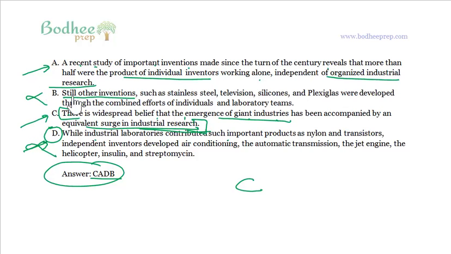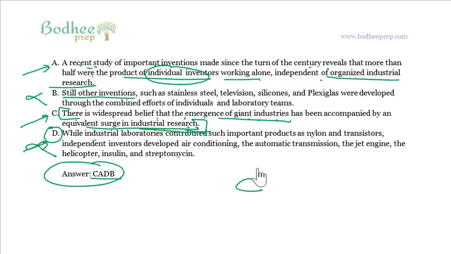So it says here there is widespread belief that the emergence of giant industries has been accompanied by an equivalent surge in industrial research. And then you say a recent study of important inventions made since the turn of the century reveals that more than half were the product of individual inventors working alone, independent of organized research.